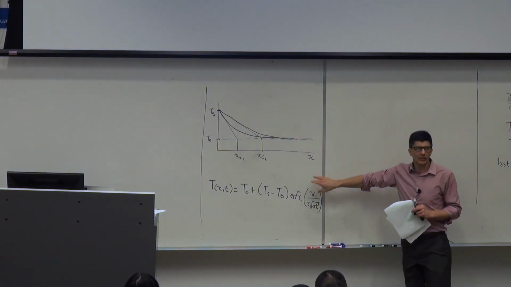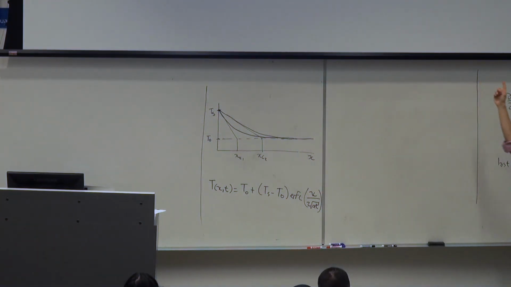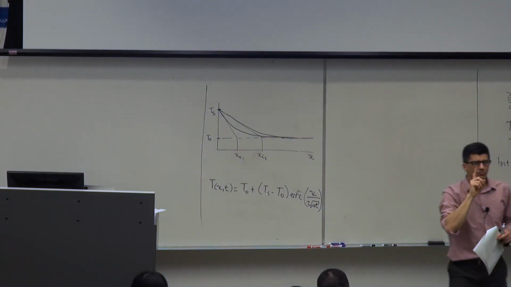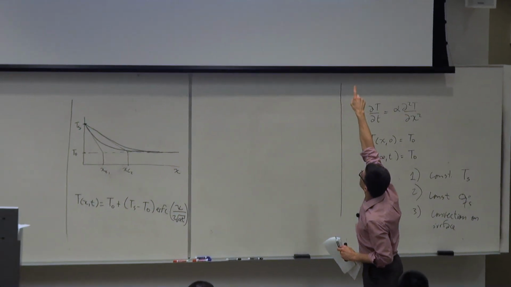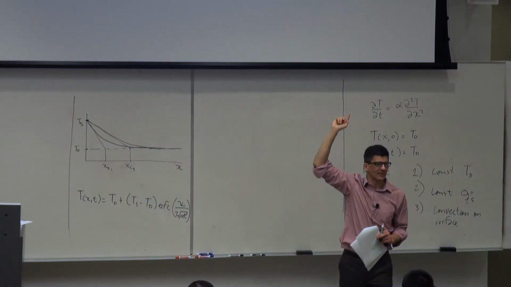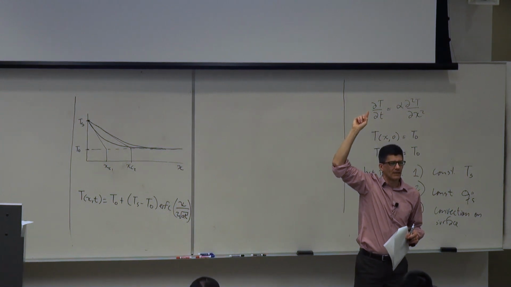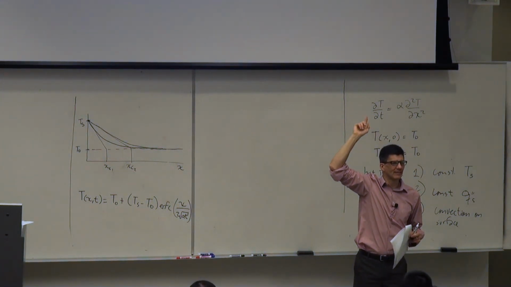This formula I wrote here is exactly the same one as the one on the screen. There is one subtlety there, though. You see that there it says erf, right? Anybody knows what erf is?